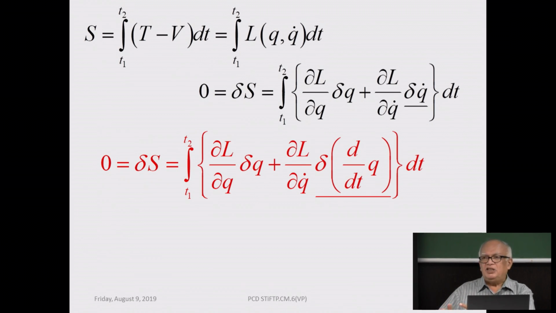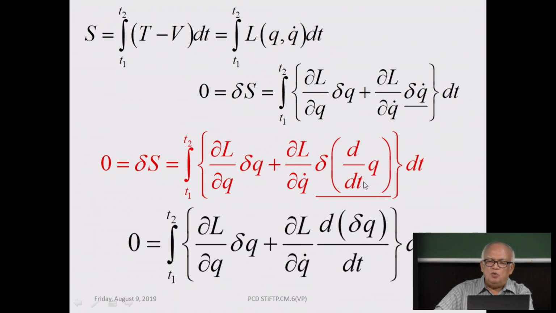One examines the rate of change of position with respect to time, and the other considers a variation because of the choice of an alternative path in the phase space. So these commute. That is the reason delta q dot is the same as delta of dq by dt.